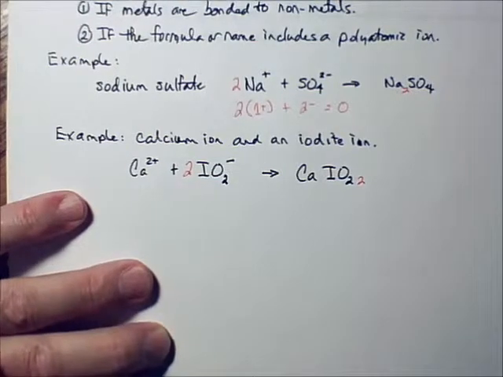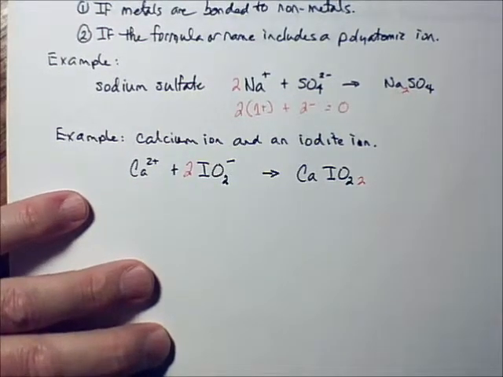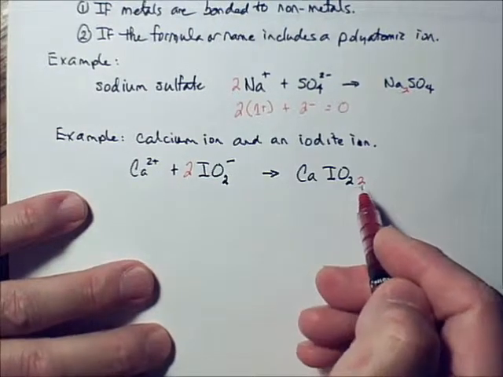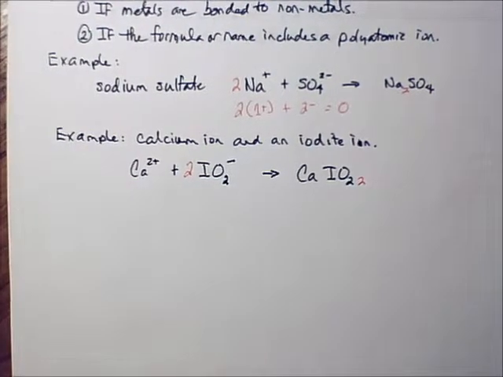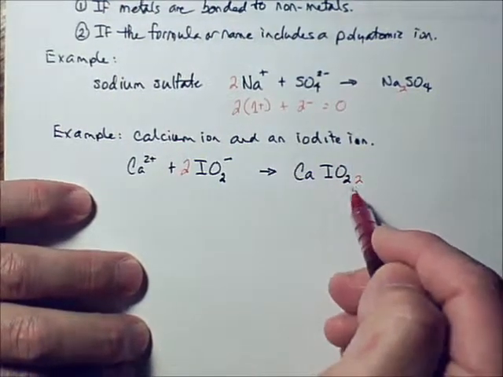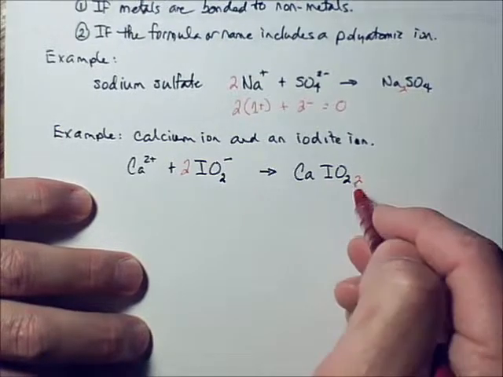Anybody see the problem? You already figured it out. You were taught in physical science. If you didn't have physical science, or you don't remember from physical science, what's wrong with what I just wrote? That'd be like 22 oxygens, wouldn't it? But we don't want to do that.